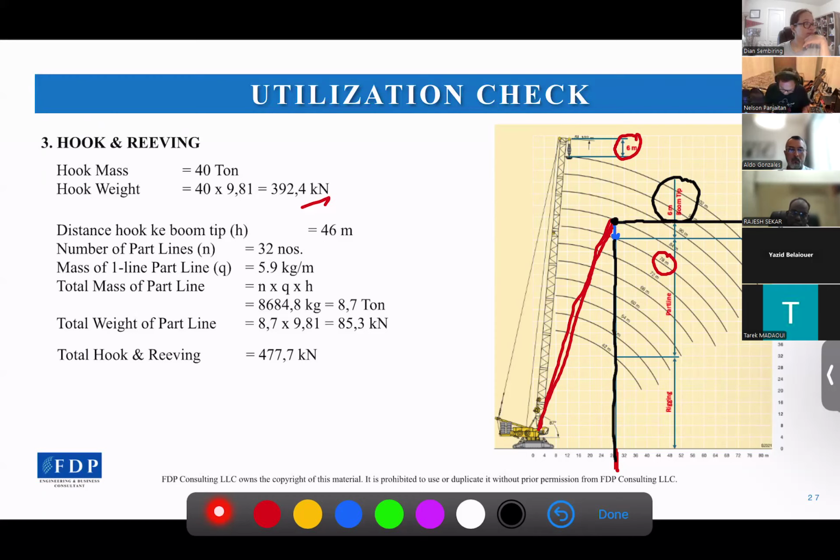And then we have a rigging, correct? We have a rigging plus structure height of 32 meters. That the rigging plus structure is 32 meters. This is the 32 meters here.